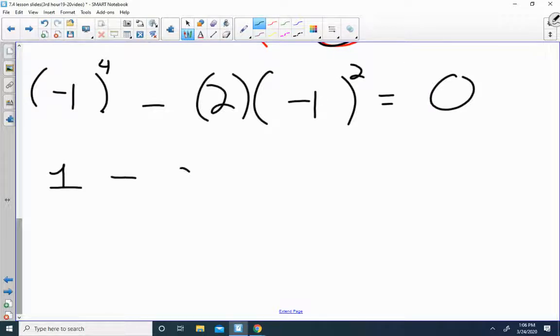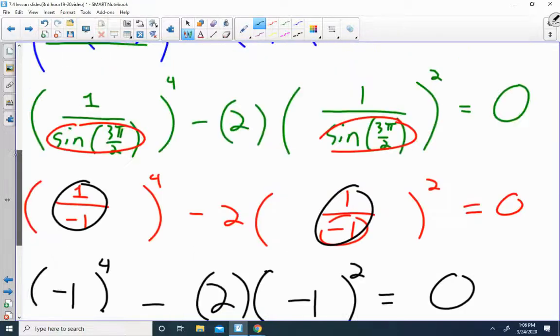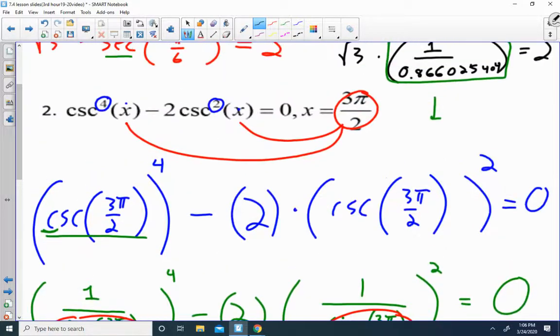And then minus 2 times -1 squared in parentheses, that will make that a +1. Simplify from there, 1 minus 2 gives you -1, and that does not equal 0. That basically means that 3 pi over 2 does not work, so it is not a solution.